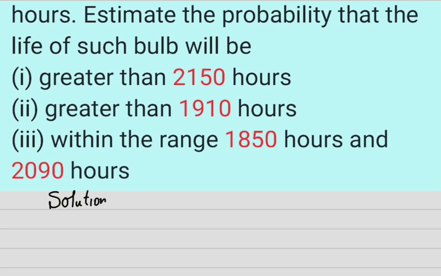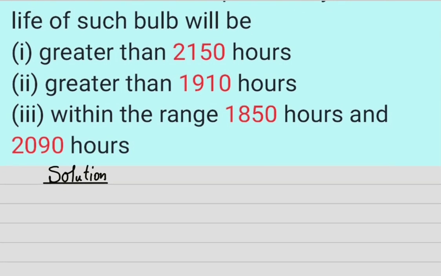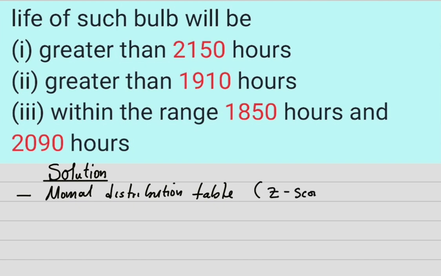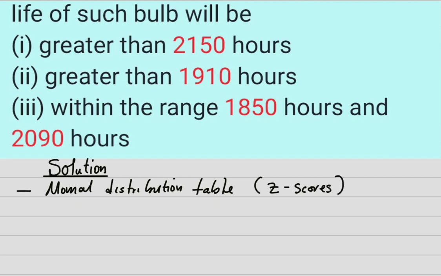Now, in this question, there are things that I want us to note. We are going to be using the normal distribution table for standardized scores, or we say for Z scores. That is what we are going to be using.